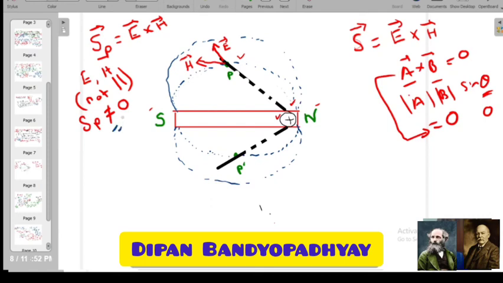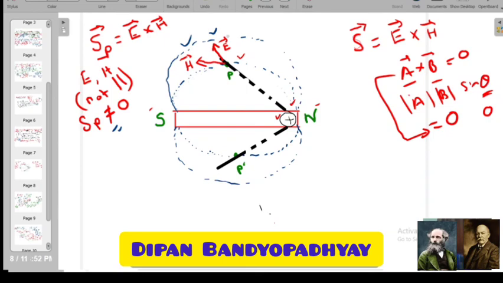So for this case, we have E and H, and they are not parallel to each other. So SP will exist, and the direction of SP will be outward from the plane of the paper. Because you know that S should be perpendicular to E and H. The direction of the cross product will always be perpendicular to the direction of the individual vectors.